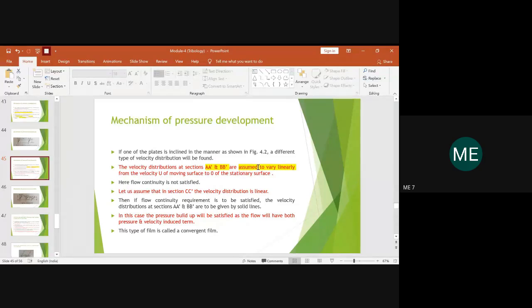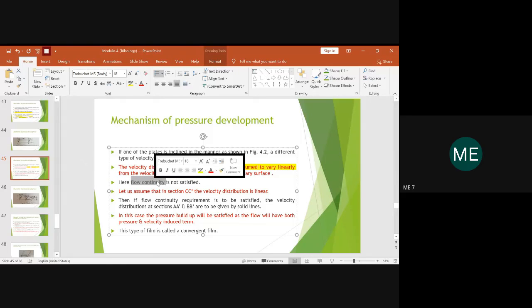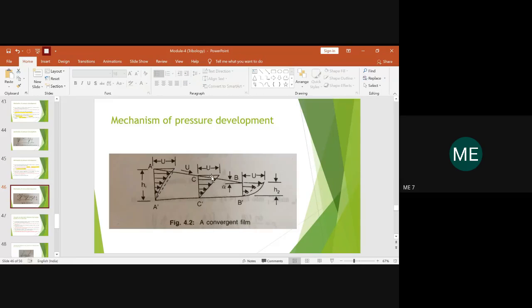Now, due to the linear variation of the velocity, we cannot assume that the flow is continuous. The flow is not continuous, and hence the continuity of the oil flow is not satisfied when the moving surface is inclined at some angle alpha.